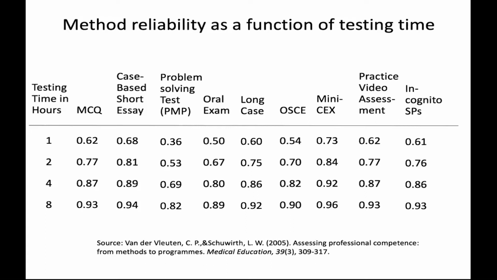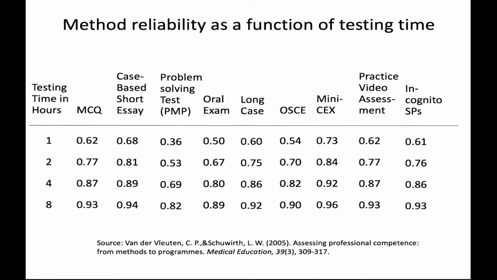Now, if you look at this table, then you need quite a lot of testing time in order to come up with a reliability of 0.80. 3, 4 or more hours are needed to come up with a marginal reliability. So actually, in actual practice, you will make a lot of pass-fail decision errors simply because of unreliability in the test.